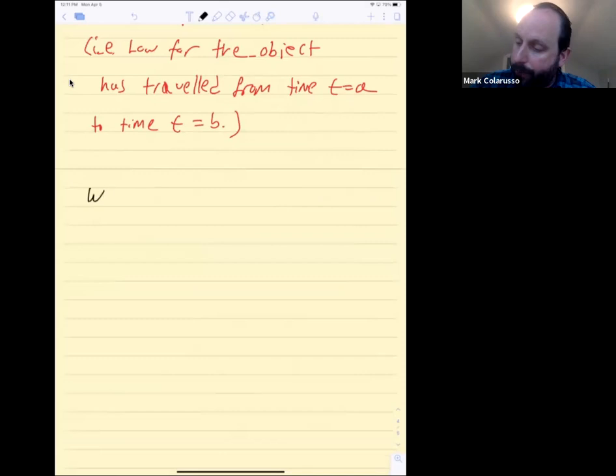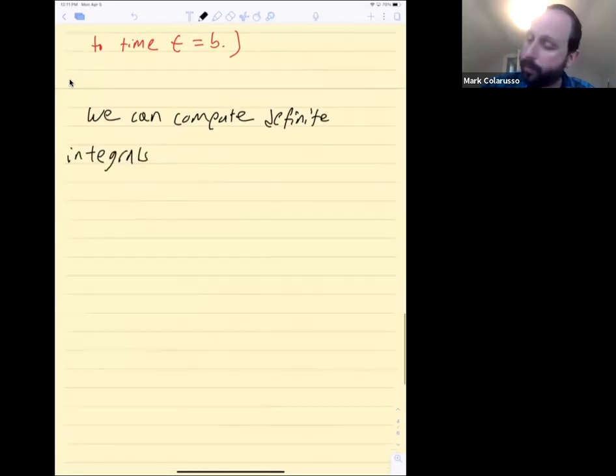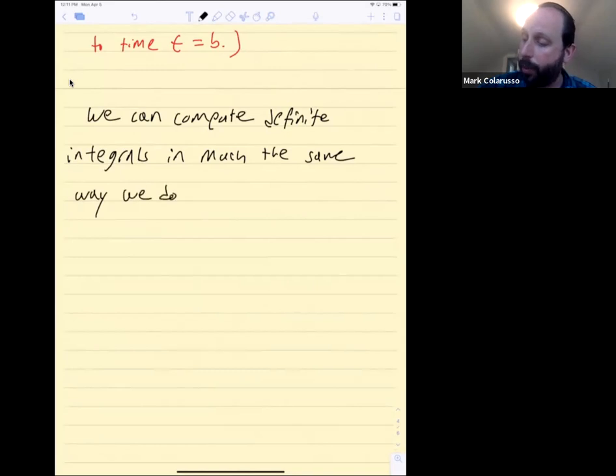So we can compute definite integrals in much the same way we do indefinite integrals.